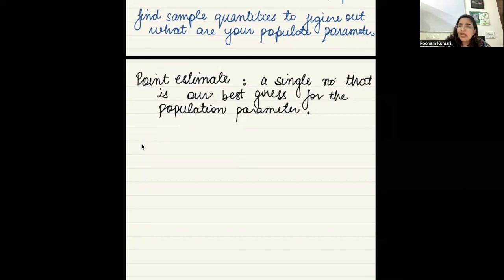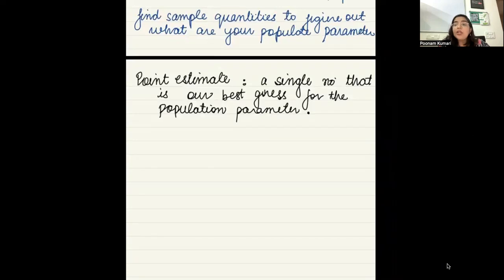Why could the sample mean have a lot of problems? Yes, ma'am. For example, if we pick the samples from the population, it might not cover the whole characteristics of the population. Very nice. It could also happen that there are very extreme values which can influence the mean value a lot, right?